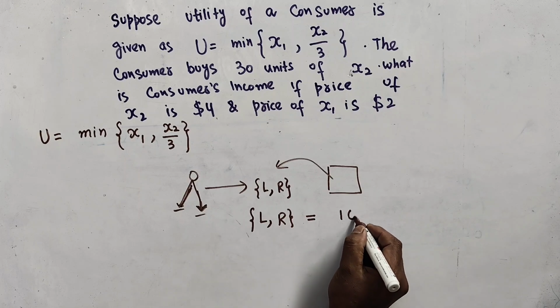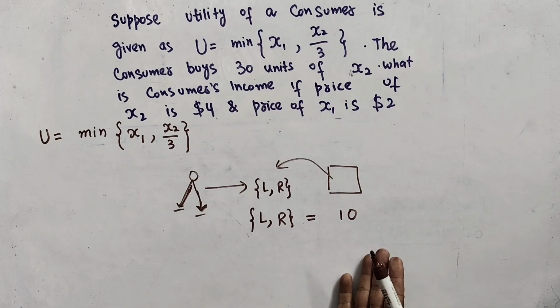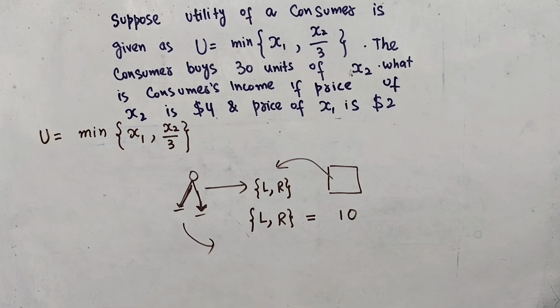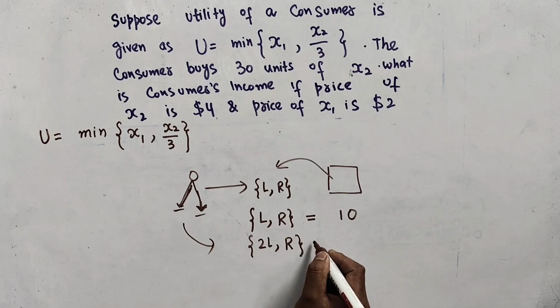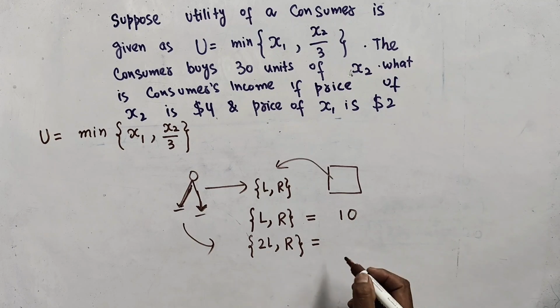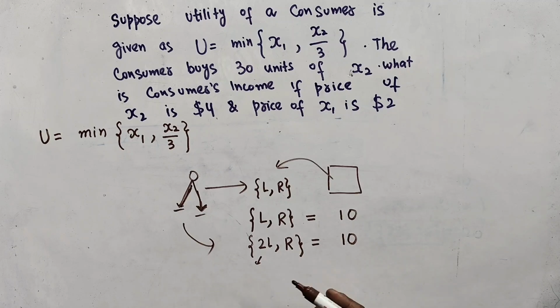Let us suppose he gets a utility of 10 from this purchase. Now if this person tells the shop, give me 2 left shoes and 1 right shoe, what utility will he get? He will get only 10 again, because this extra left shoe will not serve him anything.